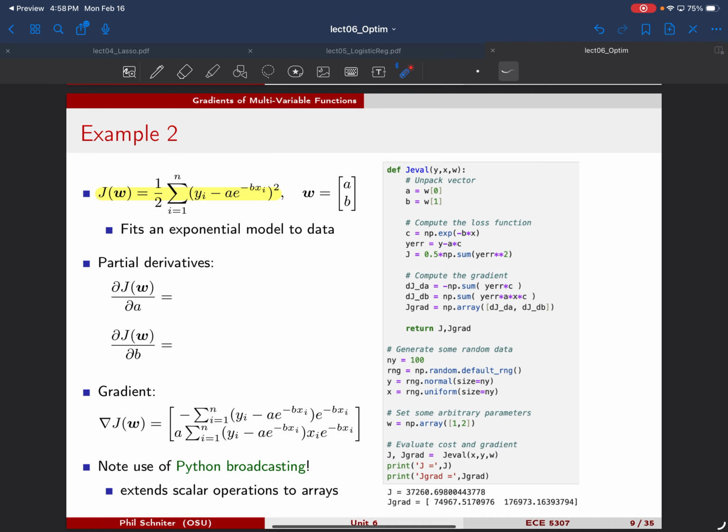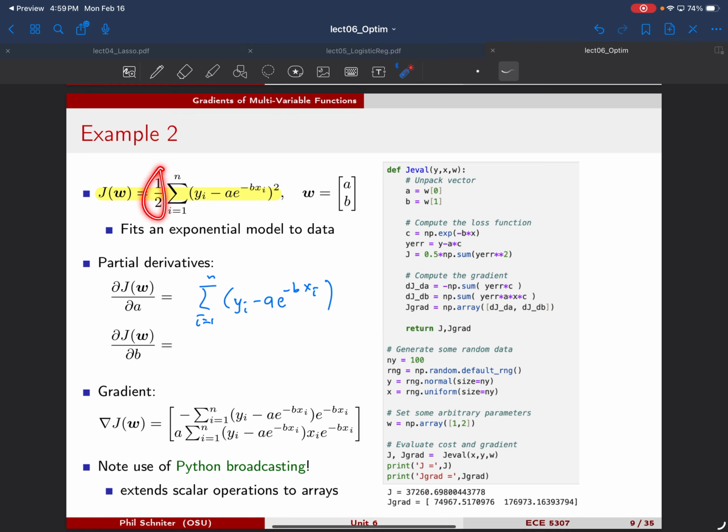So what do we have for dJ/dA? One half sum from 1 to n, everything in parentheses, and then times negative e to the minus bxi. What about the 2?